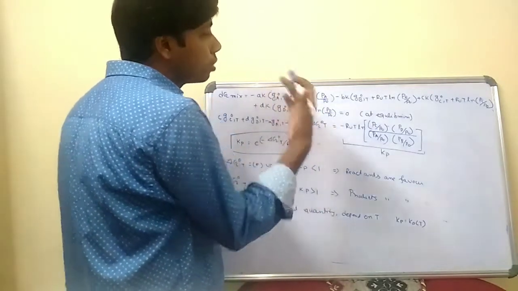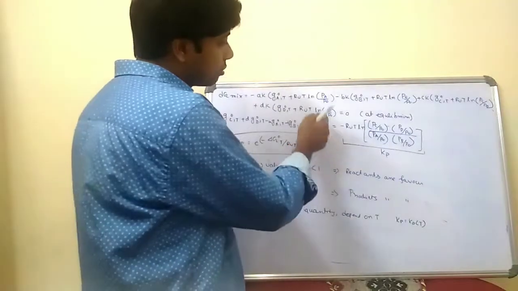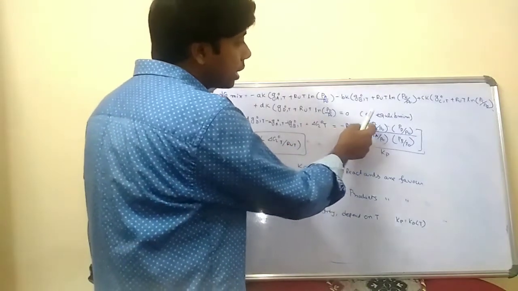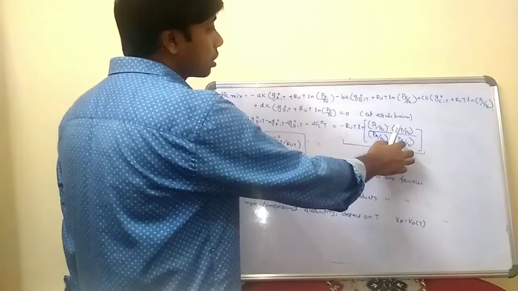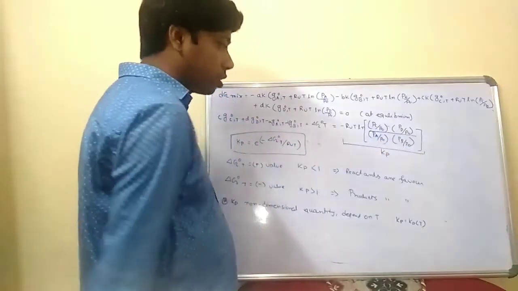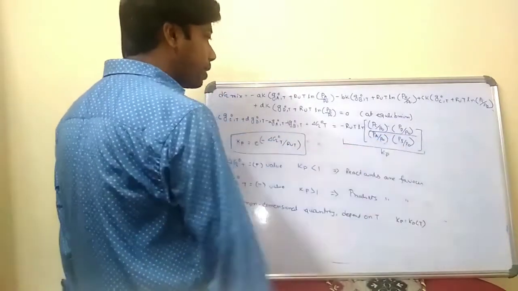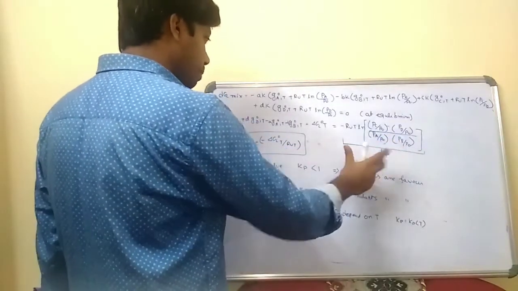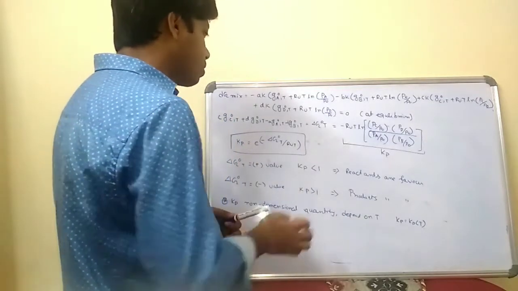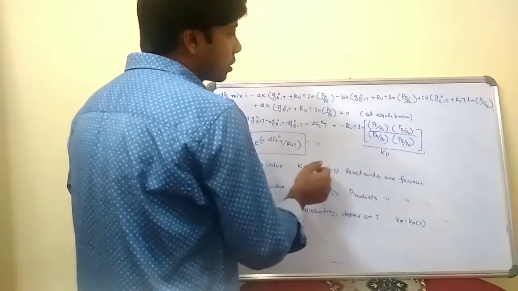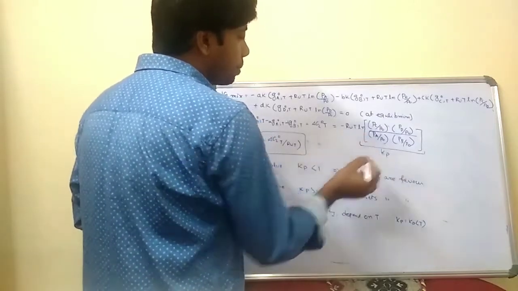From this expression, if you calculate, you get minus RuT ln of PC by P0 to the power c times PD by P0 to the power d, divided by PA by P naught to the power a into PB by P naught to the power b, which is defined as Kp.